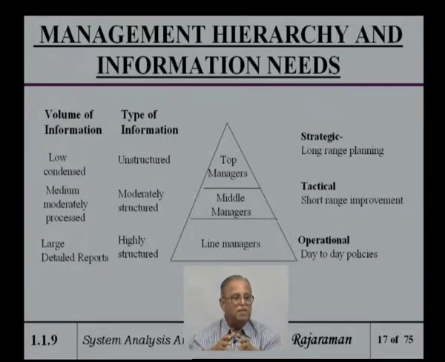So tactical information is medium level, moderately processed, and a certain smaller amount of data, so that a person at a higher level of decision making can take quick decisions.